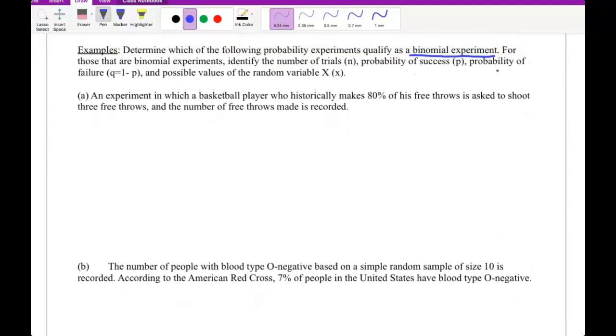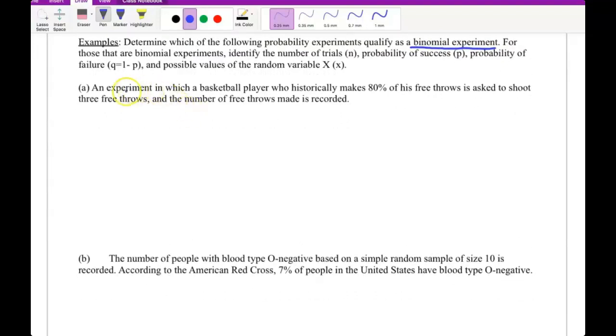Part A. An experiment in which a basketball player who historically makes 80% of his free throws is asked to shoot 3 free throws, and the number of free throws made is recorded. So this is our probability. I consider that as success.